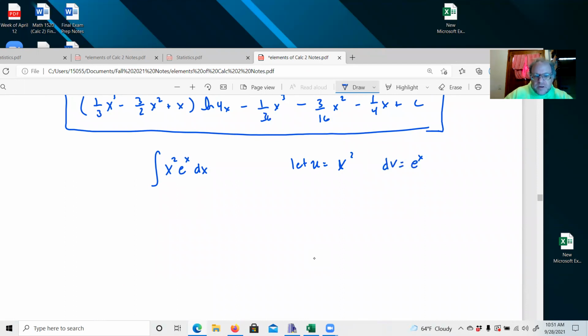Actually, let's put a -3 in here to make it interesting. So dv is equal to e to the -3x, du is equal to 2x, v is equal to -1/3 e to the -3x.